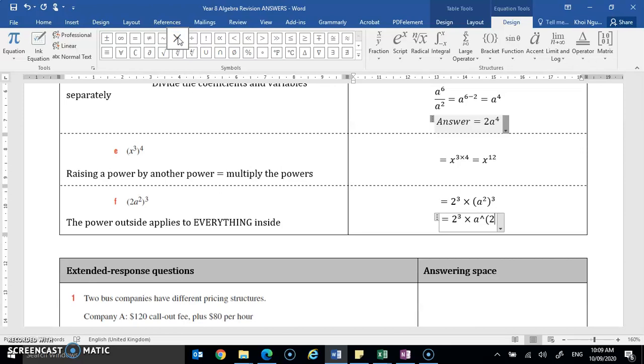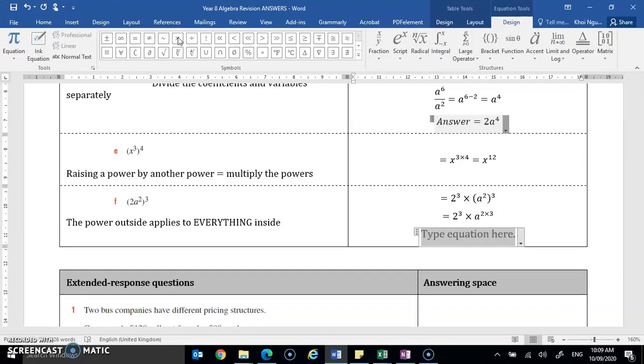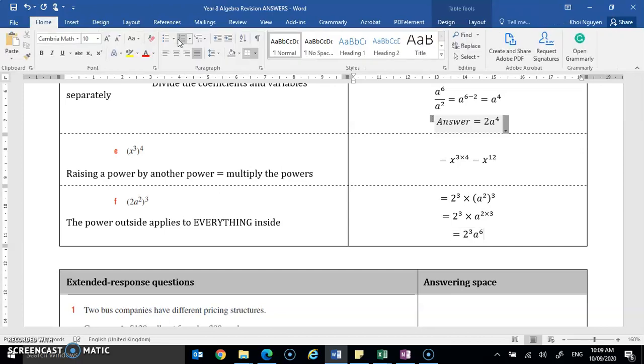So here we have 2 times 3, which gives us 2 to the power of 3 multiplied by a to the power of 2 times 3, which is 6. So this is our answer. Now you can leave everything like this.